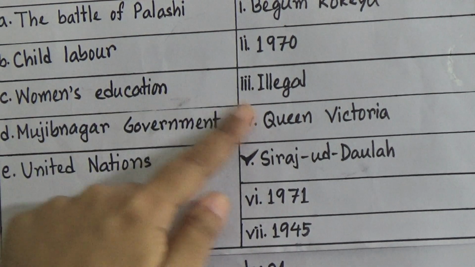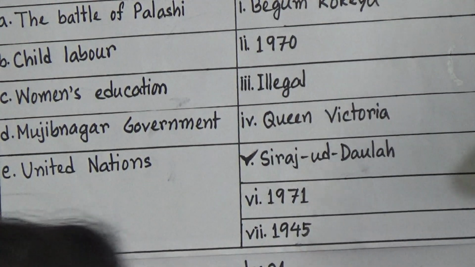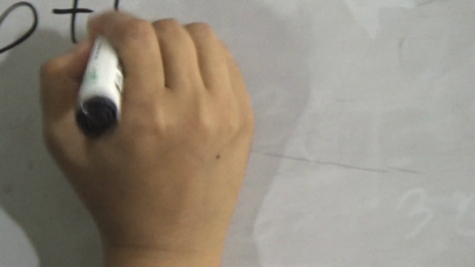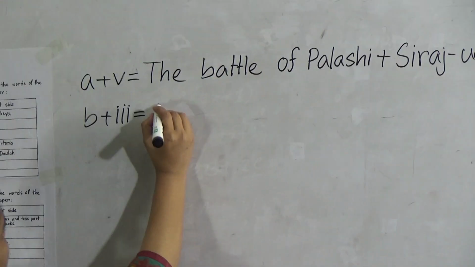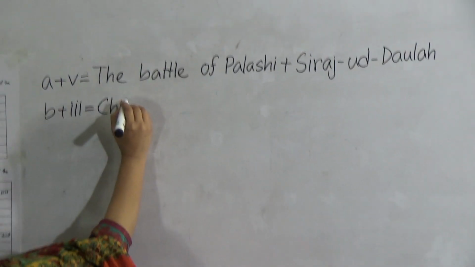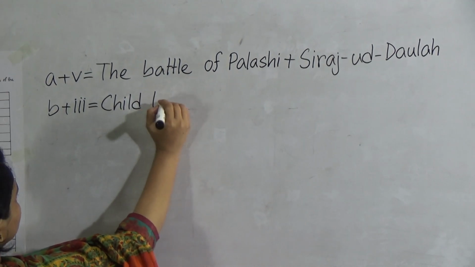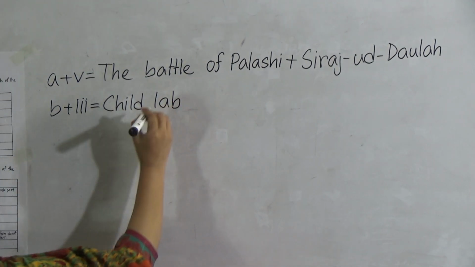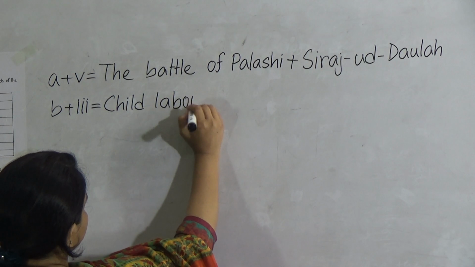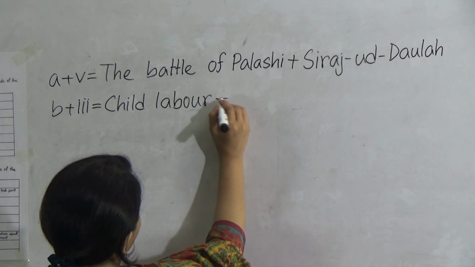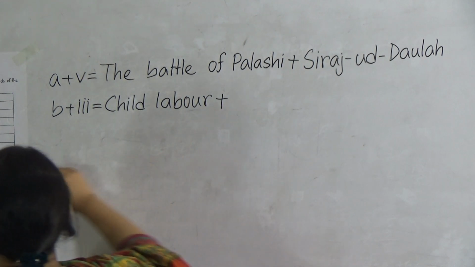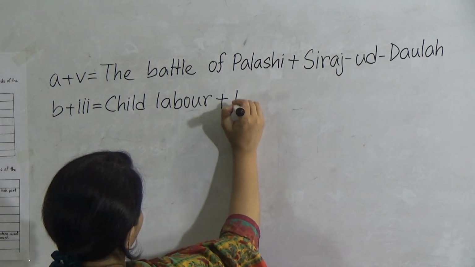So number B will match with number 3. So now we will write here B plus 3. In number B it is written child labor. Now we will give a plus sign, and in 3 it is illegal. So we will write here illegal.